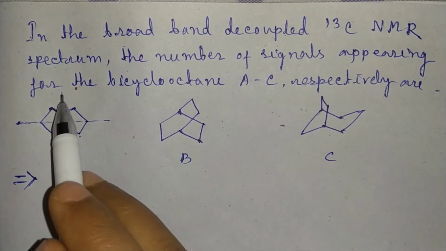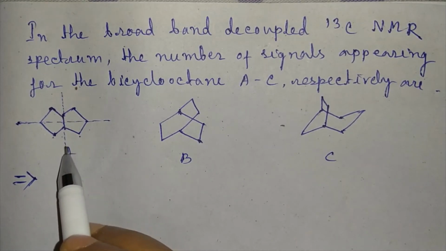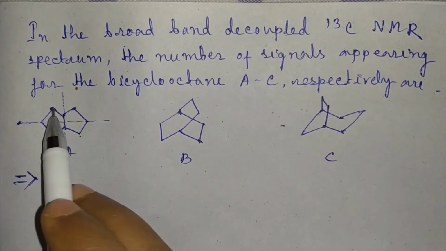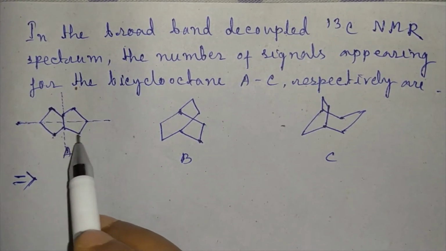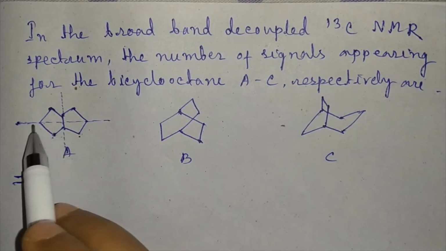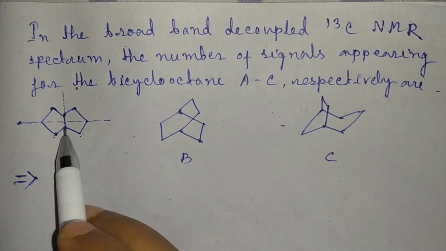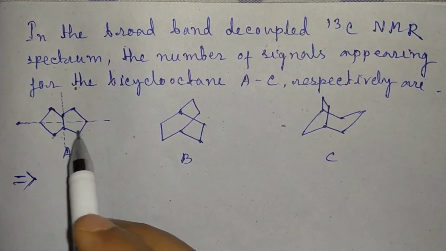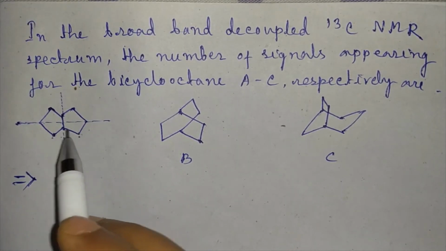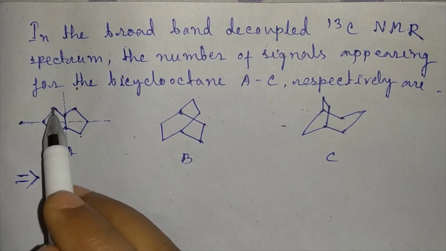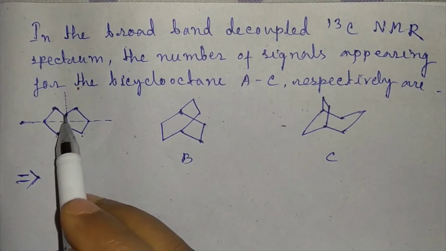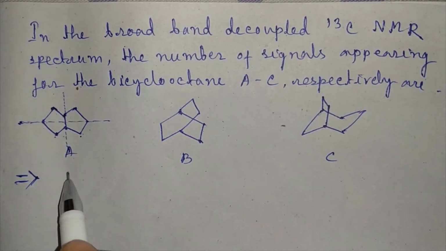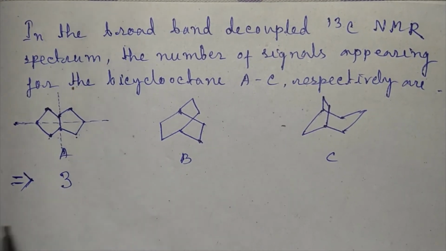Again, when we pass a plane along this axis, these two carbons are similar, these two are similar, and these two are also similar. So how many dissimilar carbons are there? 1, 2, 3.